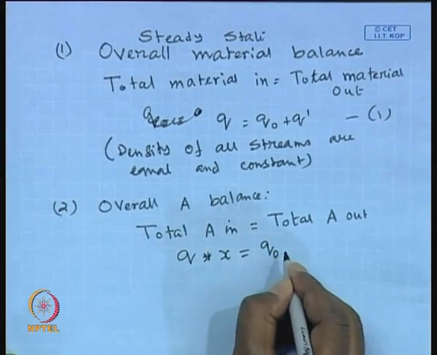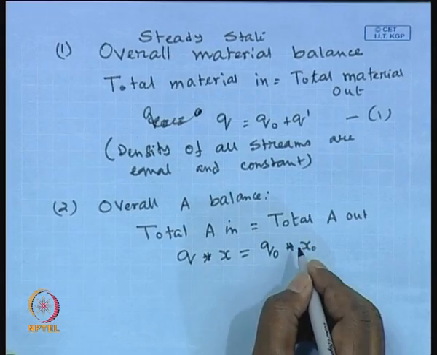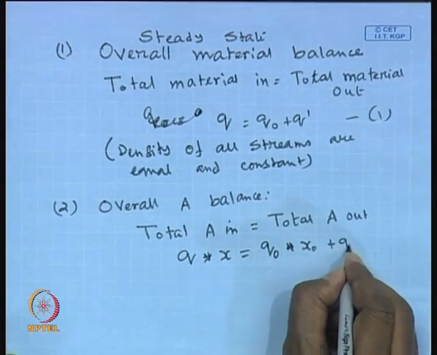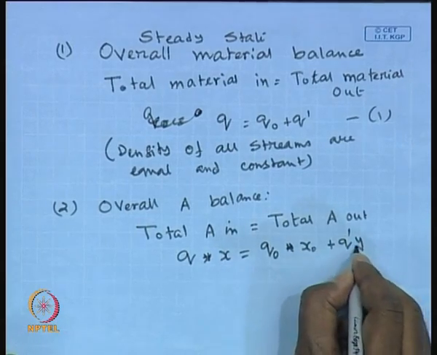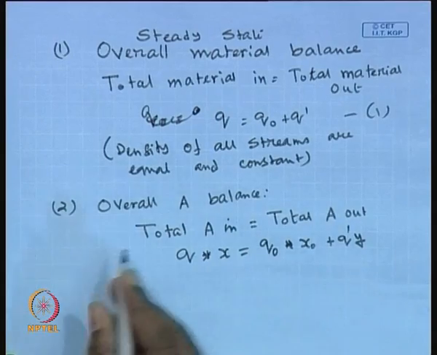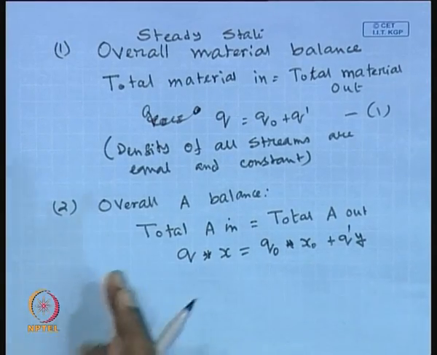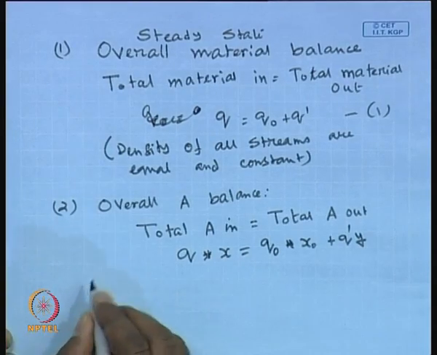Q 0 is the reject flow rate multiplied by the mole fraction of the reject stream, plus Q prime is the flow rate of the permeate that is going out with the composition y. Okay. So, that is the total A going out. Now, this is overall A balance over the differential element. Now, these are the overall balances.